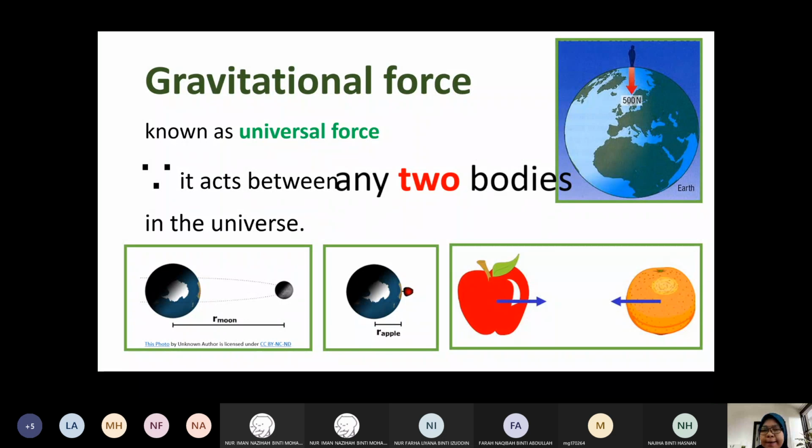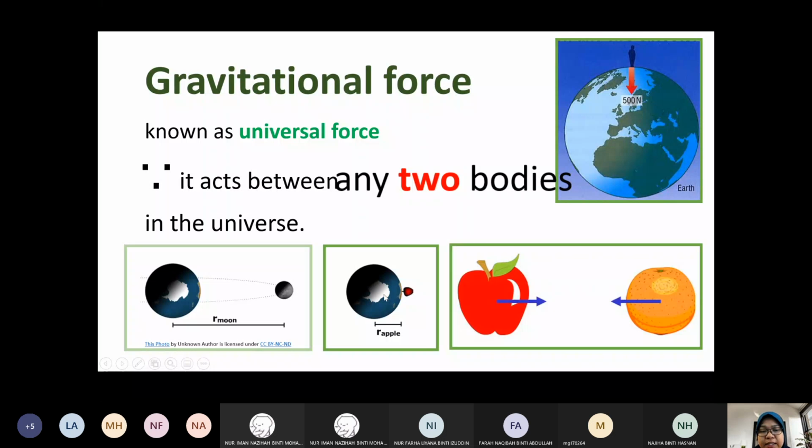Okay, so look at this first example. We have two bodies. The body is the earth and the moon. So because we have two bodies here, there is gravitational force between the moon and the earth. Okay, the second diagram. Ni, this is a tree. So the tree is on the earth.